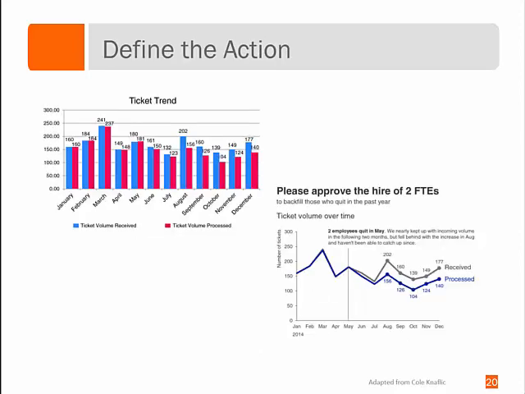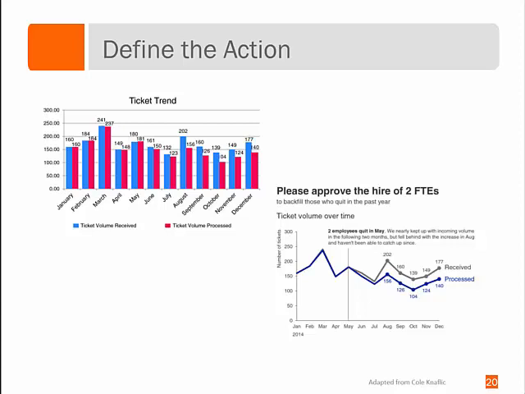Defining the action. So utilizing an example, this is another example that we have here of a particular trend in service tickets. This might, for example, be the number of service tickets for an IT organization.